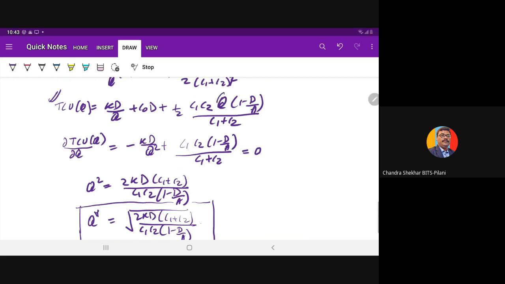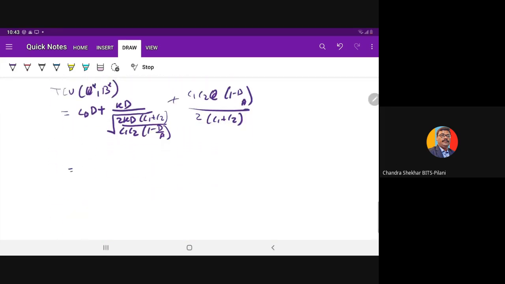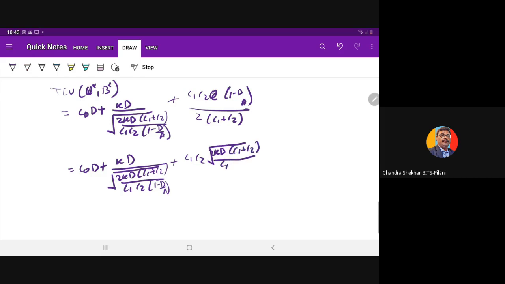So now at this Q also we have to put the optimal value. In the next line I am putting: C naught D plus KD upon root of 2 KD C1 plus C2 upon C1 C2 1 minus D upon A, plus C1 C2 root of 2 KD C1 plus C2 upon C1 C2 1 minus D upon A into 1 minus D upon A upon 2 into C1 plus C2.